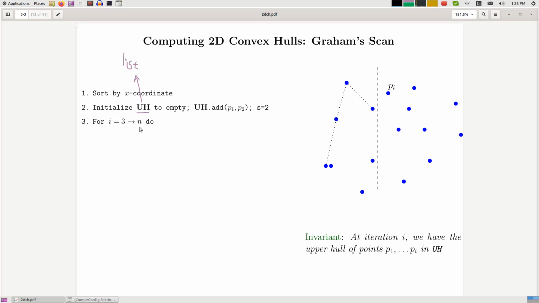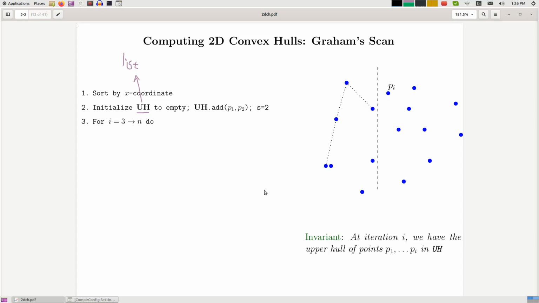At the ith iteration of the loop, which means when the variable has value i, we have the upper hull of the points p1 up to pi in the variable upper hull. That is what we want to achieve.